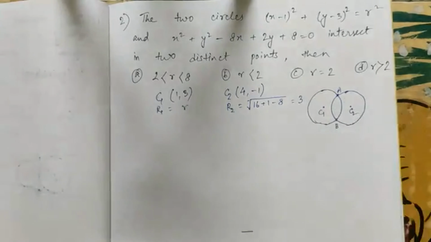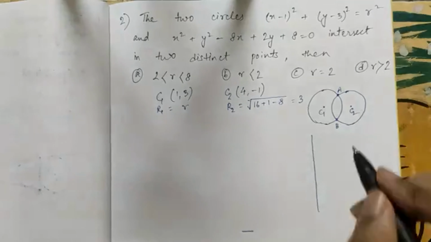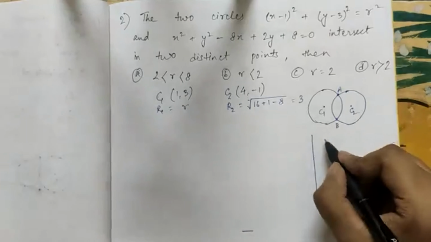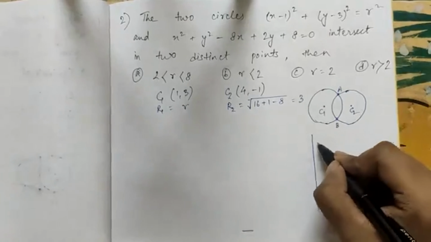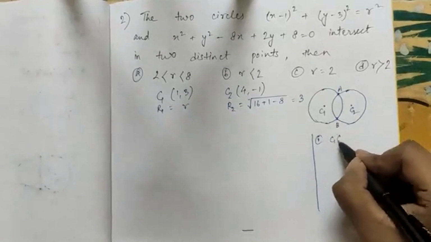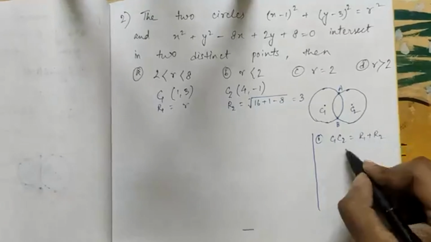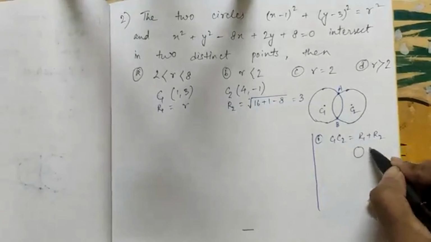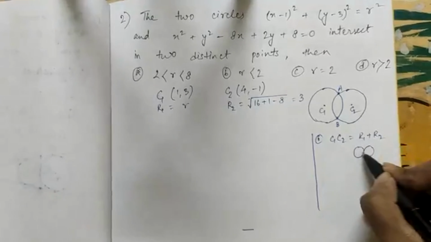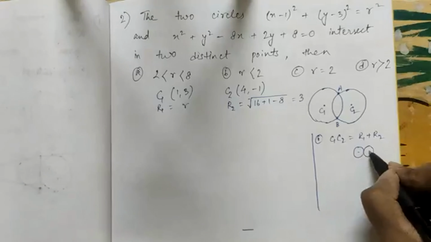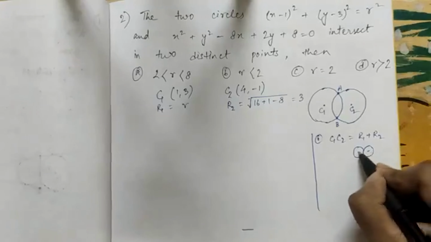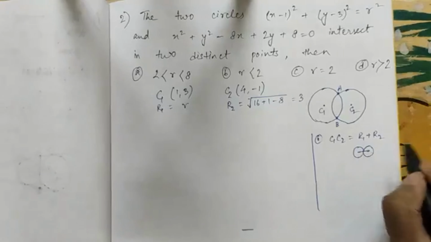Now see one thing, there are some conditions. From the first sum we have learned that if C1C2 is equal to R1 plus R2, then the circles will just touch each other. The distance between the centers will be equal to the sum of their radii.